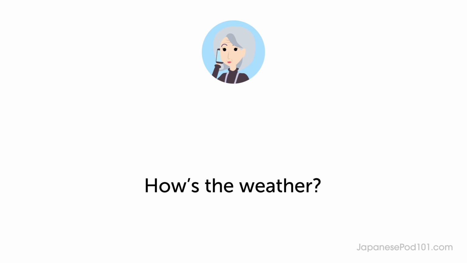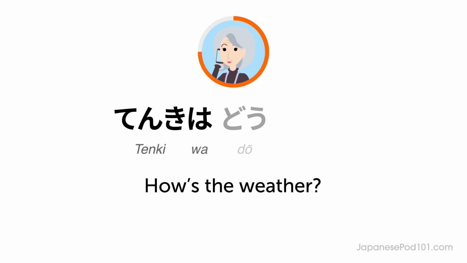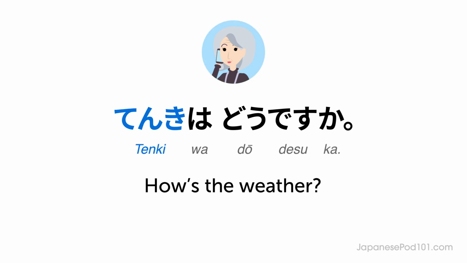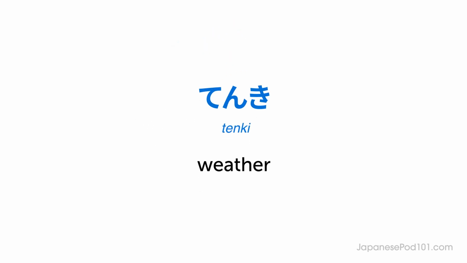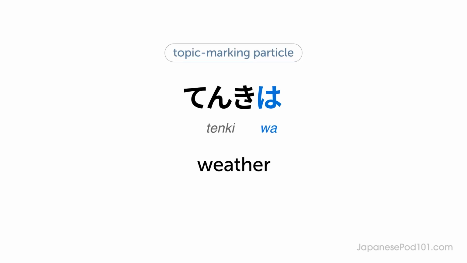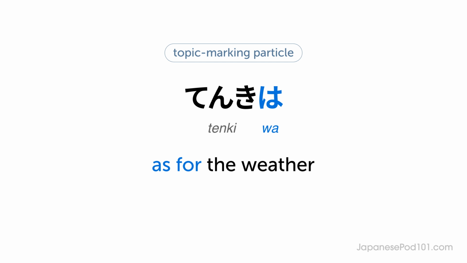Let's take a closer look at the conversation. Do you remember how Miki asks, "How's the weather?" 天気はどうですか? First is 天気, weather. Next is the particle は, the topic marking particle. It marks weather as the topic of the sentence. Think of it like as for, in the expression as for the weather.